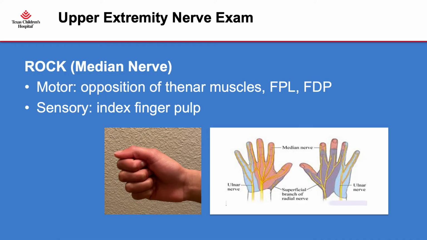So for your upper extremity exam, wiggle your fingers, wiggle your toes. It's not a good exam, and so I want to just give you some kind of thoughts on how you can isolate things. So rock, paper, scissors is really good for the upper extremity. Rock, if you make a fist, that's finger flexion and thumb flexion, and that's your median nerve. And then isolated sensation is going to be at your index finger.